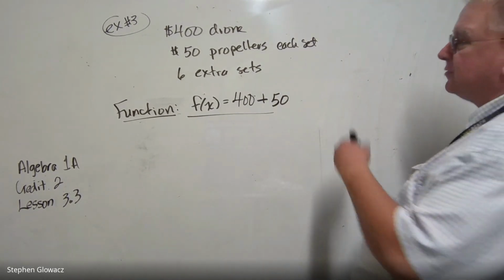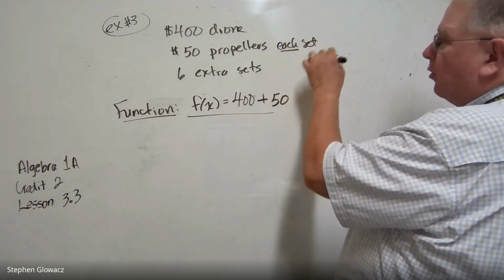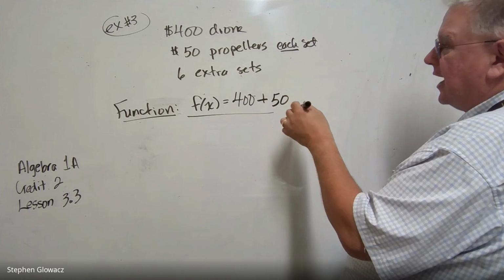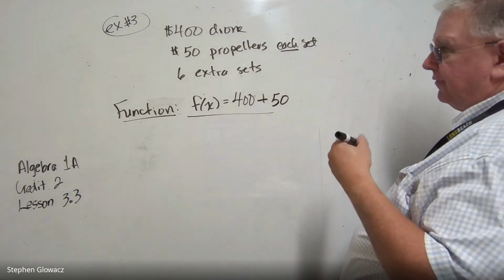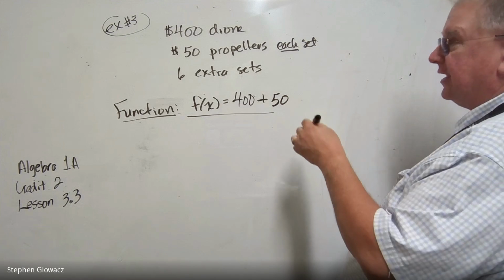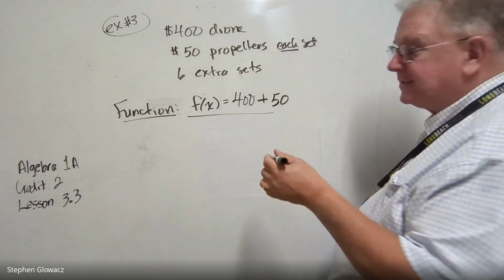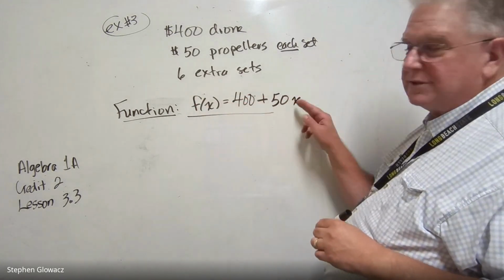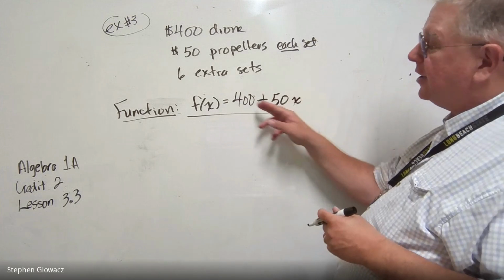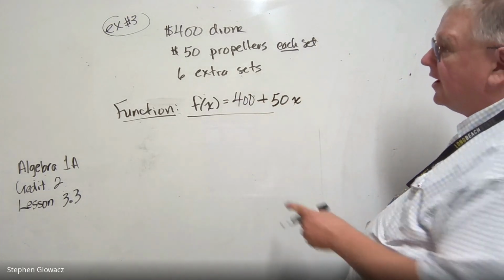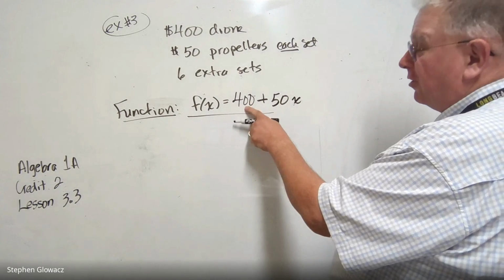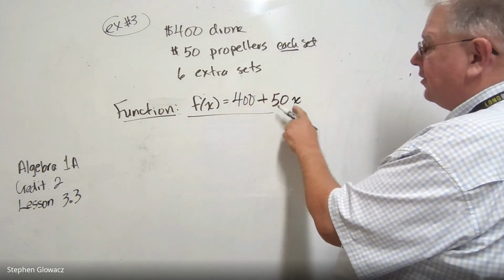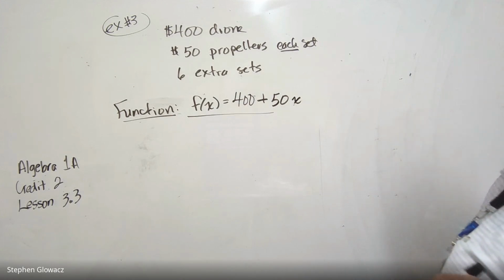So when we see those words like each or every or per, that tells us that's where our variable is going to go, because it could be one set, it could be 3 sets. We don't know how many sets we're going to buy. Well, we do know it's 6, but this can be used to find the cost for any number of sets of propellers. So $400 for the drone plus $50 for each extra set of propellers.